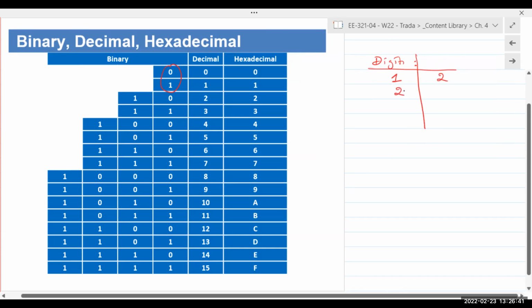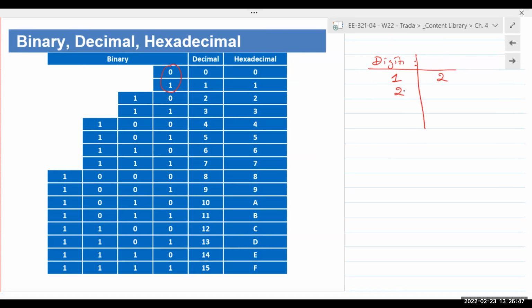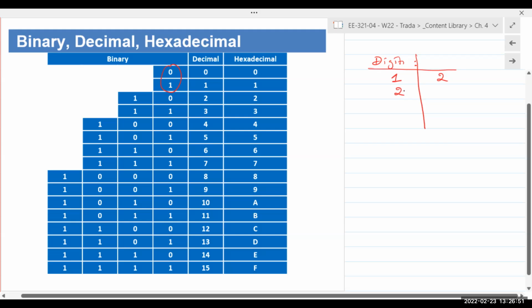If you have two digits available, the most significant bit will first have a 0. Then in the least significant bit, you put in 0 and 1, your two states. So you would have 0, 0 here, and you put down 0 and 1. So now you already have two states.